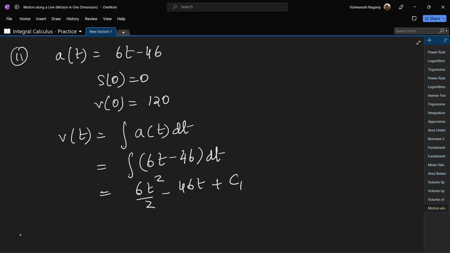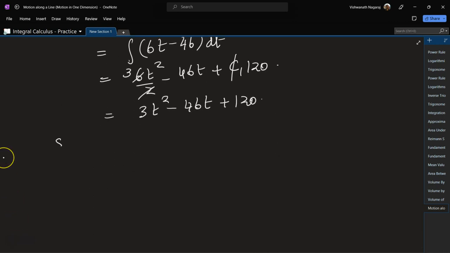Now V of 0 is 120. So this becomes 120. 2 threes. So we have 3t square minus 46t plus 120 as V of t. Now S of t, displacement.